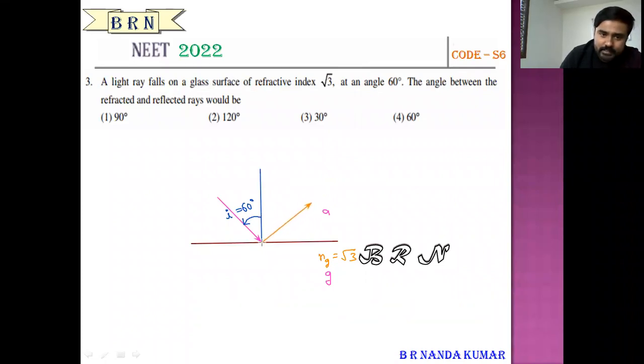So angle of incidence is equal to angle of reflection. ಅದರ ಜೊತೆಗೆ ನೋಡಿ, ray actually here traveling from rarer medium to denser medium.